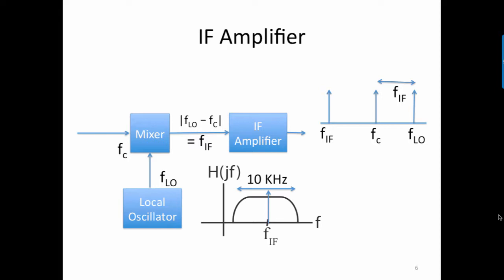Any other signals entering the mixer from the RF amplifier will not be mixed onto the IF frequency. All other signals entering the mixer will be mixed to a frequency outside of the IF passband.